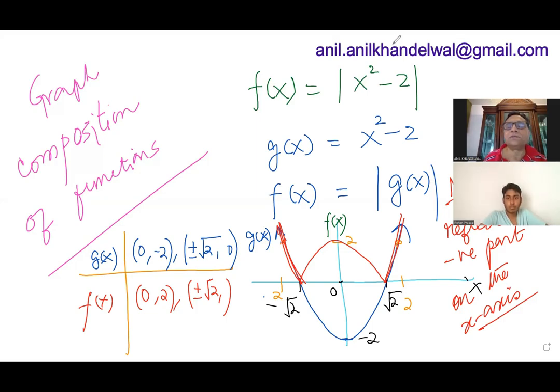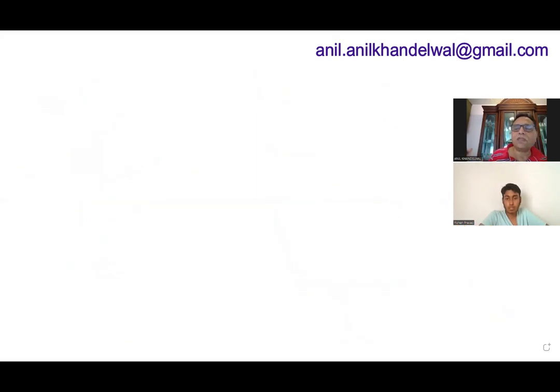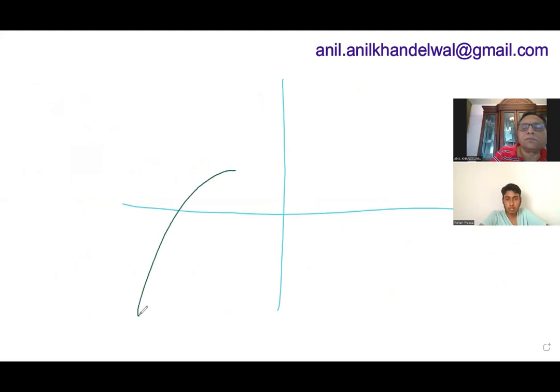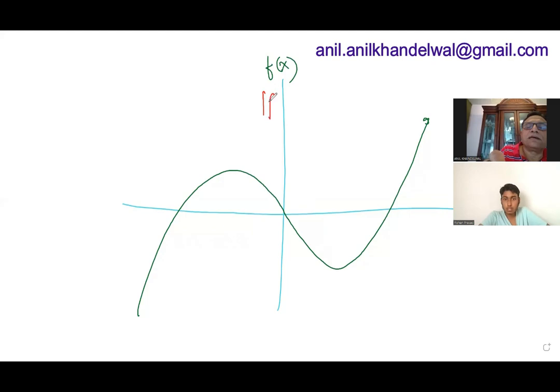Okay. So another last question for you this time. We'll just sketch a graph. I need you to quickly tell me, let's say this is a function f of x, okay? Yeah. How will you sketch the absolute value of f of x?